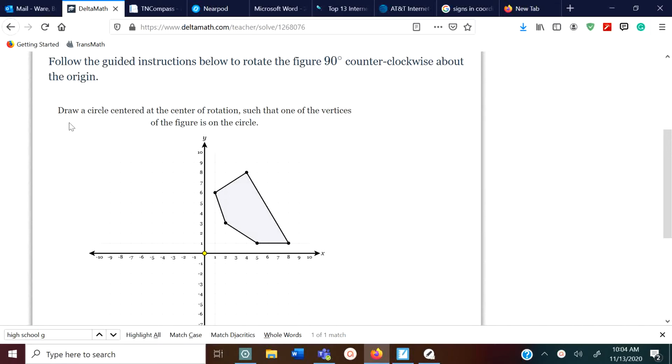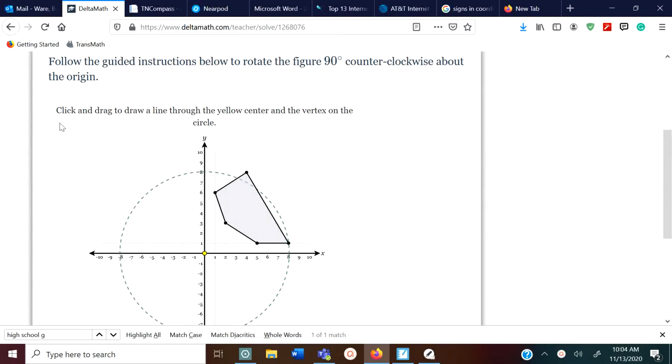So draw a circle centered at the center of the rotation such that one of the vertices, and that's these points here, the vertices of the figure, is on the circle. So we'll come right here to the origin and start to make a circle, and we'll keep going until one of the vertices is on it.